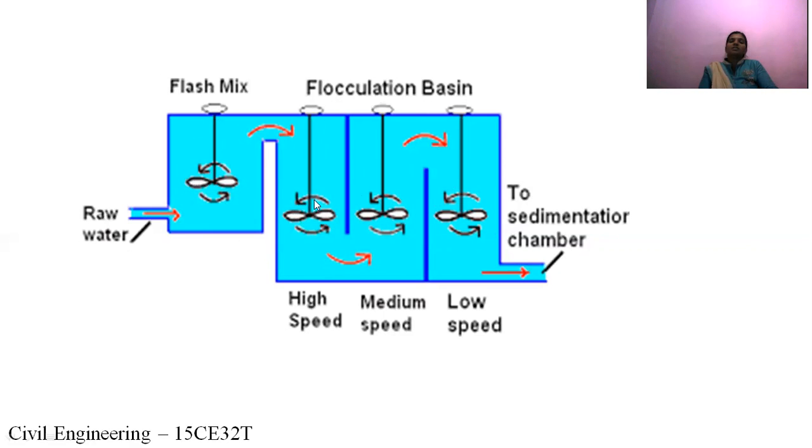First it will be at high speed, then gradually lower to medium speed and then gradually lower to low speed. Next it is taken to the sedimentation chamber. This is how flocculation or flocculator works.